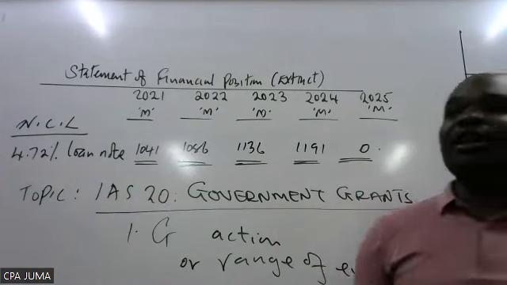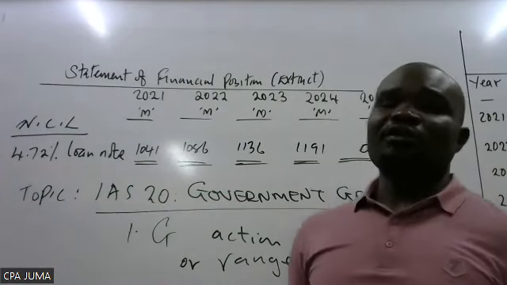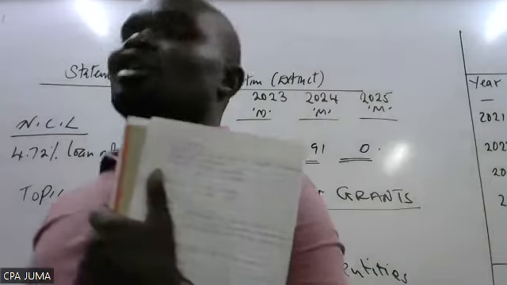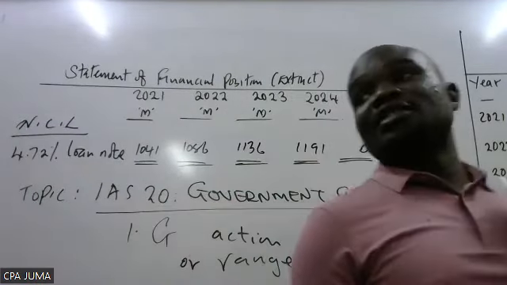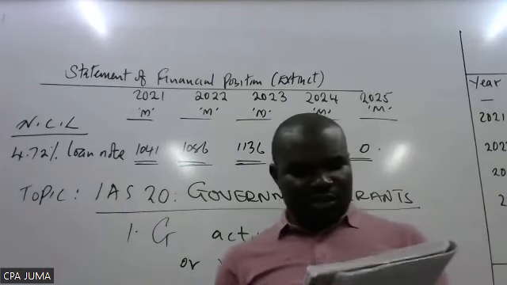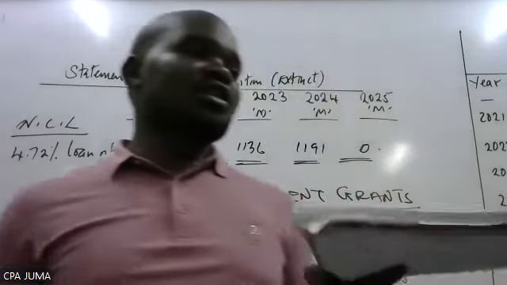Number three, government grants. And I've seen them before asking students to differentiate between government grant and government assistance. So government grant is an assistance.